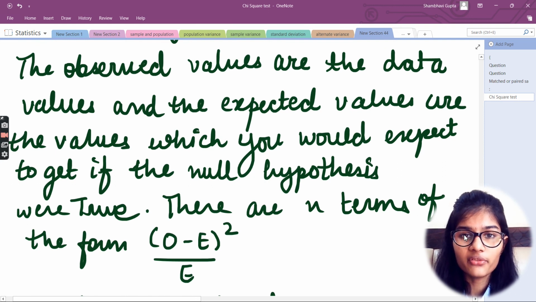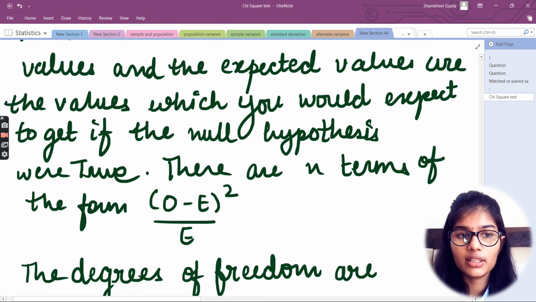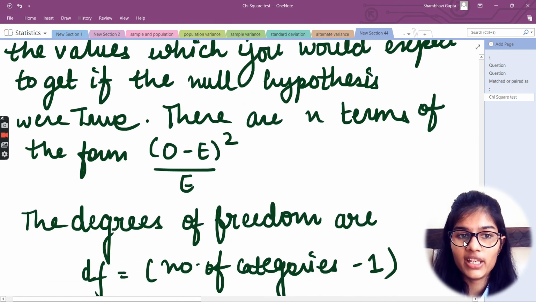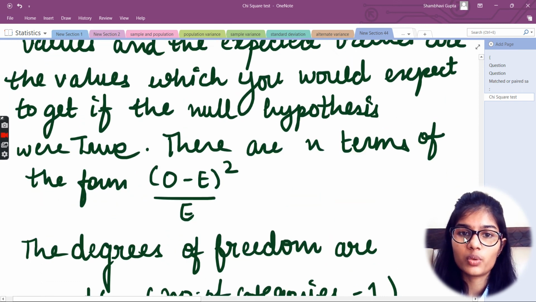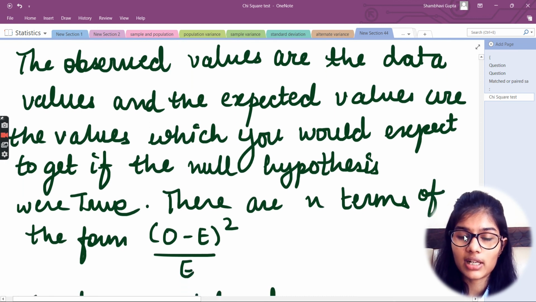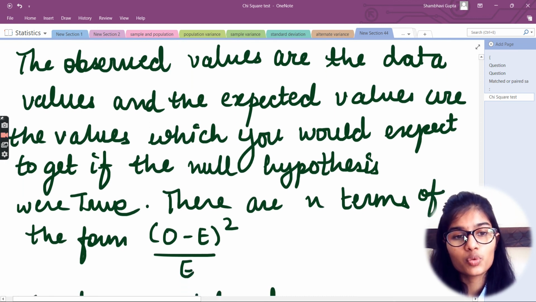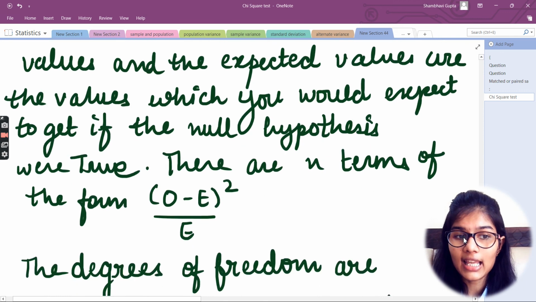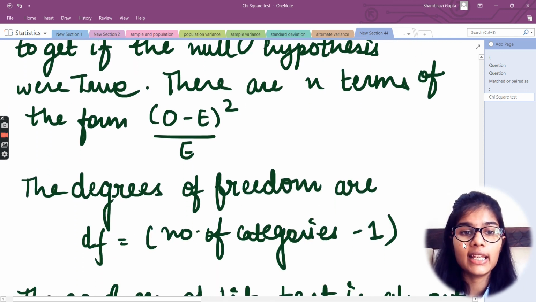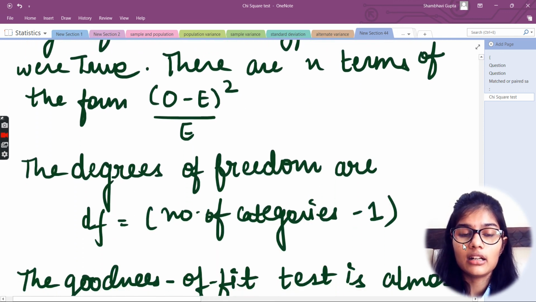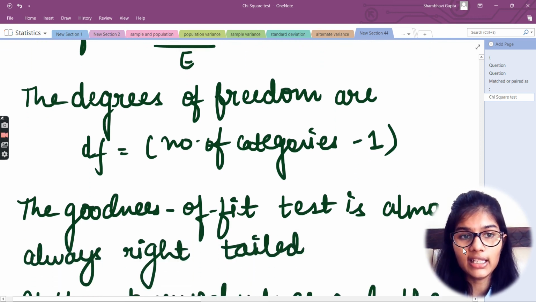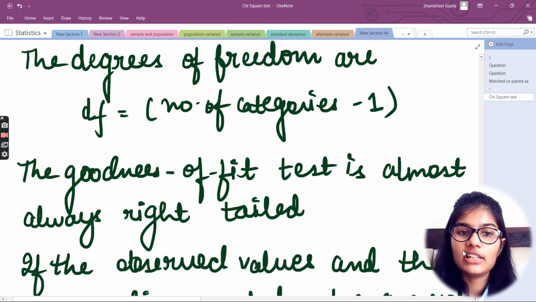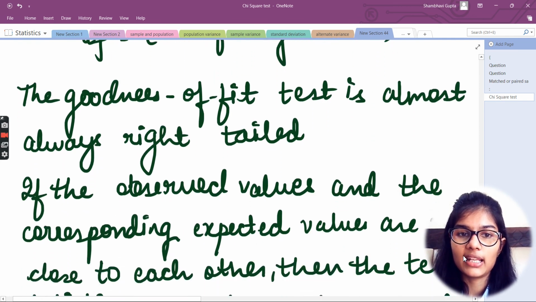The observed values are the data values, and the expected values are the values you would expect to get if the null hypothesis were true. There are total n terms of the form (O minus E) whole squared divided by E. What are the degrees of freedom? df is equal to the number of categories minus 1.